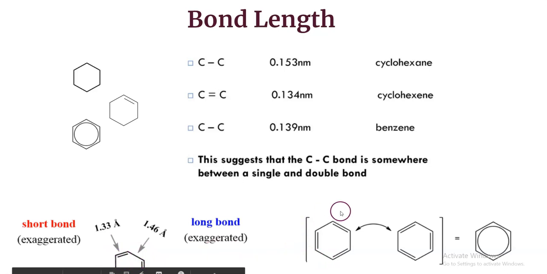But no, the actual structure of benzene, proven experimentally, is a perfect hexagon, which means all the bonds are identical. So the bond length and also the shape of the molecule tell us that all the carbon-carbon bonds are identical, and it's not an alkene. It's not 1,3,5-cyclohexatriene. Okay, that's the first factor that tells us that benzene is not an alkene.